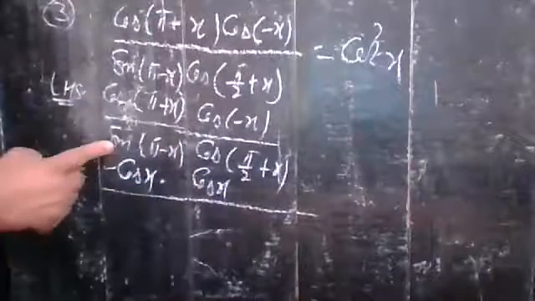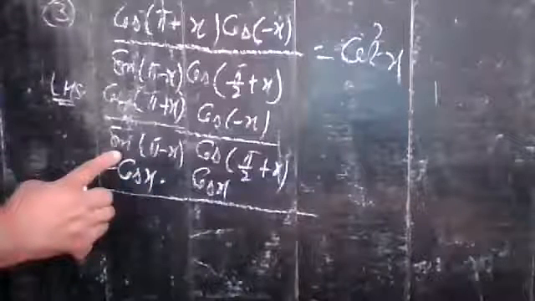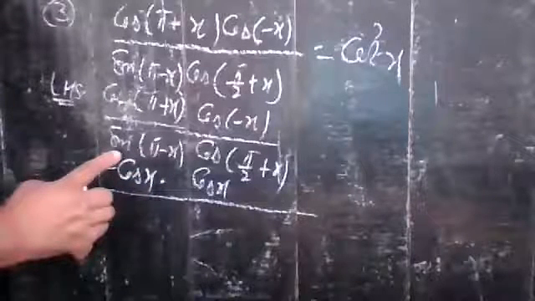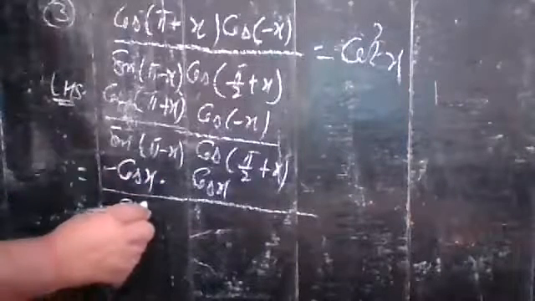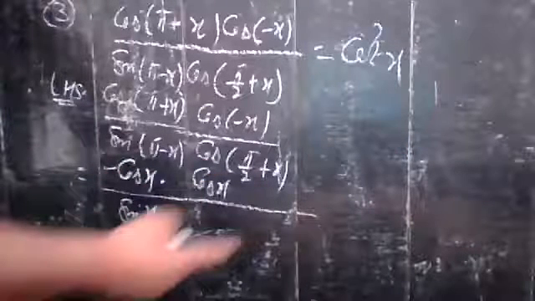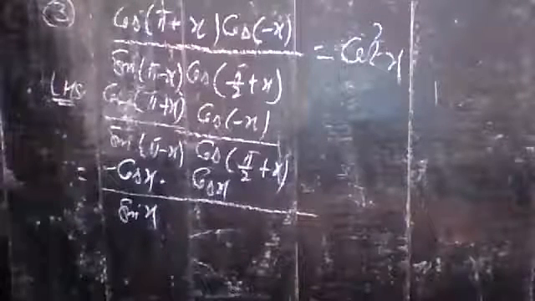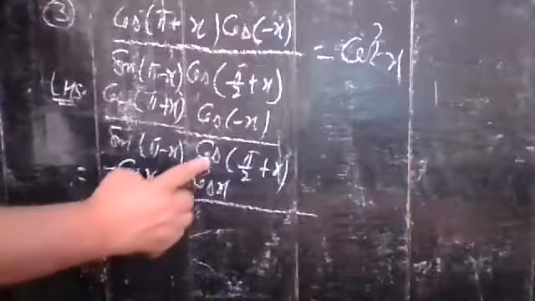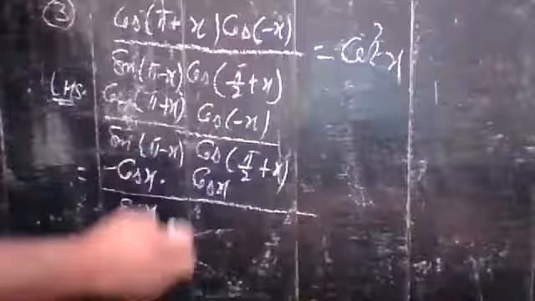In the same way, sin pi minus x lies in the second quadrant. In the second quadrant, sin is positive. So you can write sin x. And cos pi by 2 plus x, which quadrant does it lie in? Pi by 2 plus x, second quadrant. And in the second quadrant, cos is negative. So you write minus, but due to pi by 2, it changes into sine.